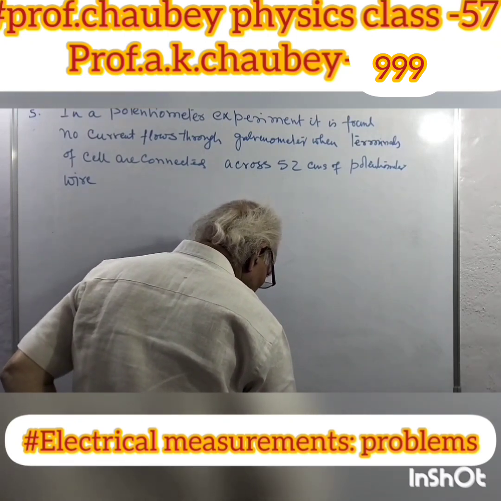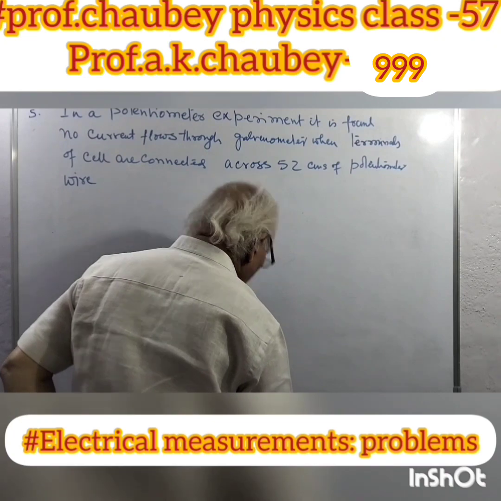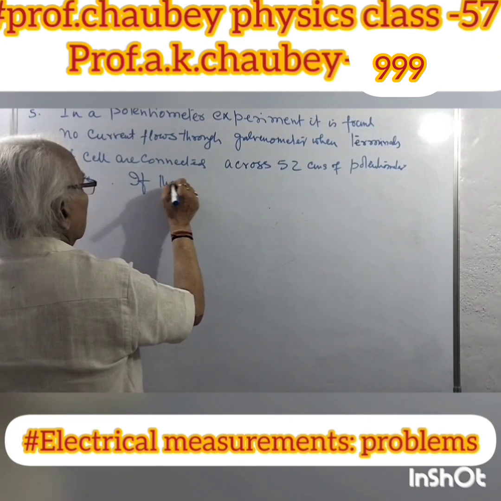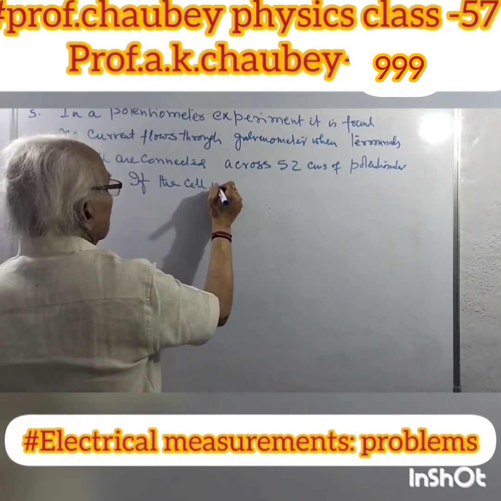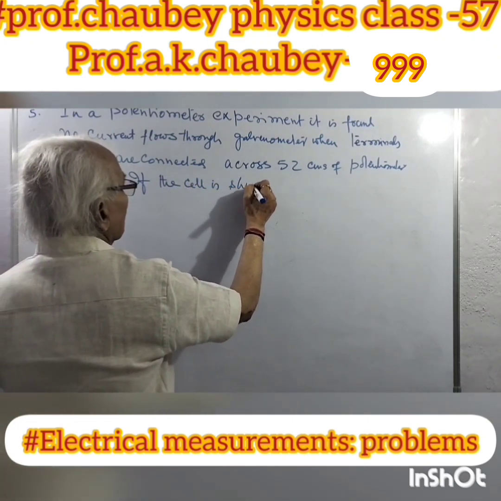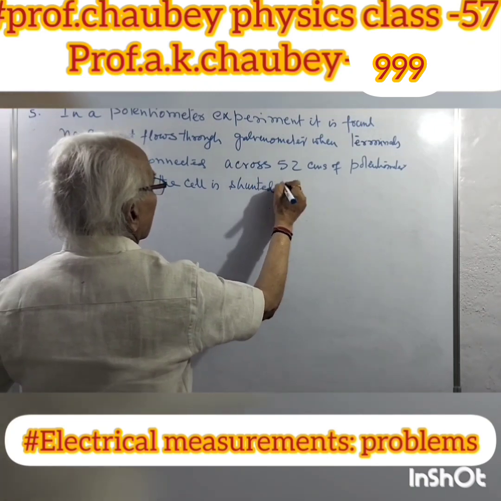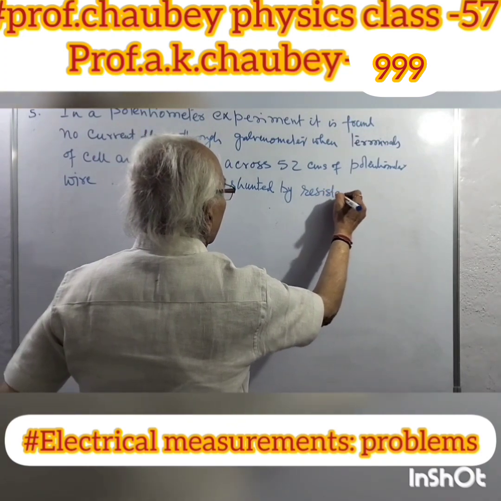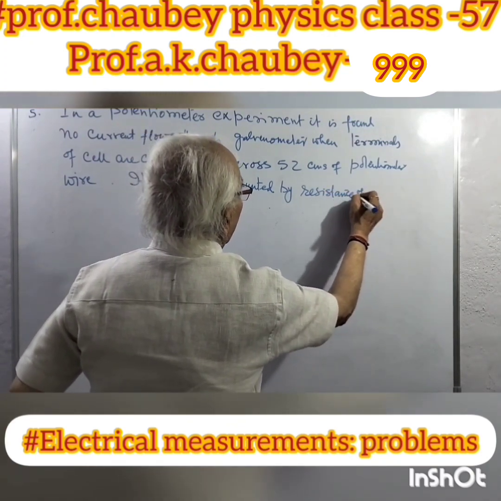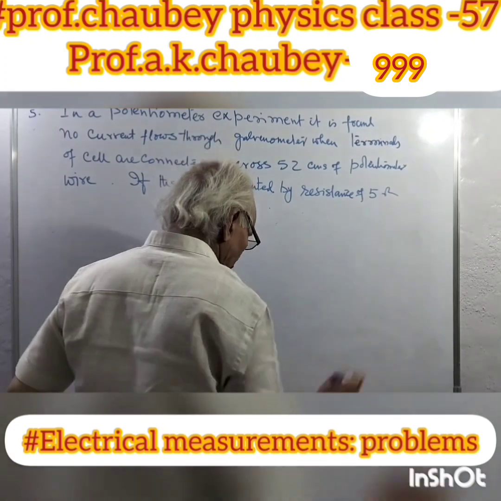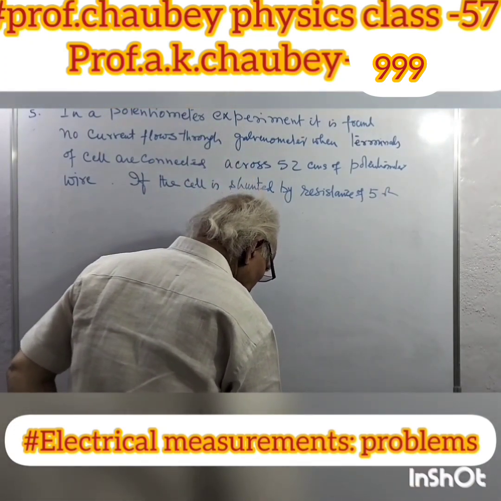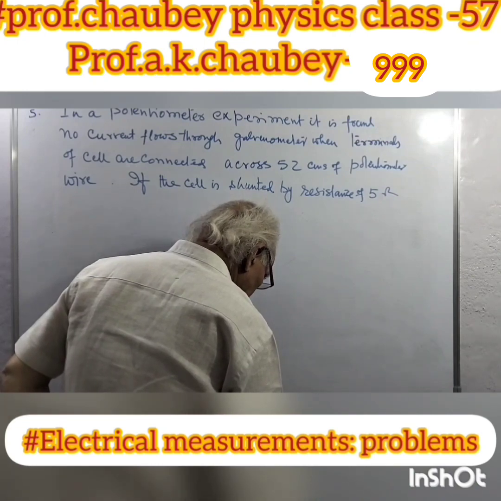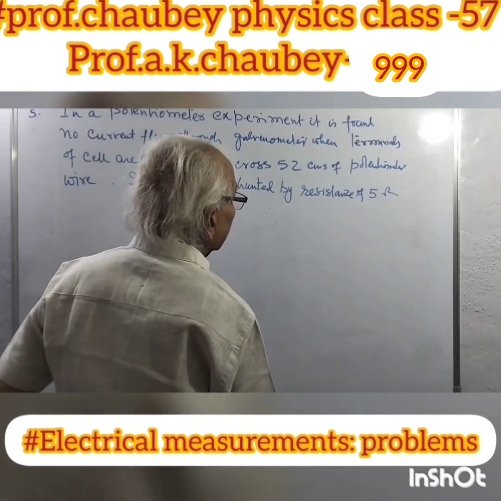If the cell is shunted by a resistance of 5 ohm, this is the shunt resistance, the balance point is found at 40 centimeters.